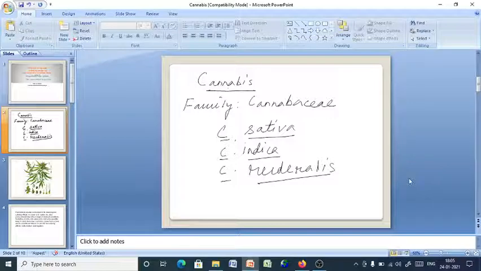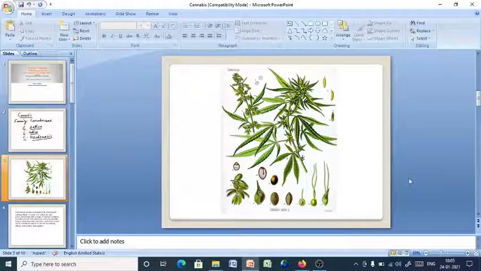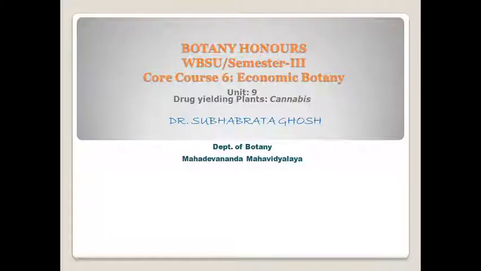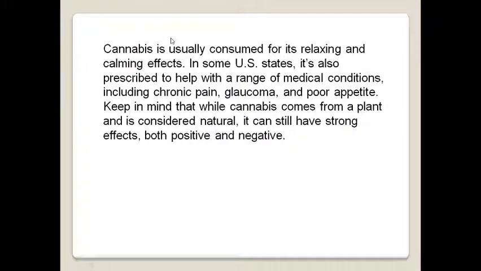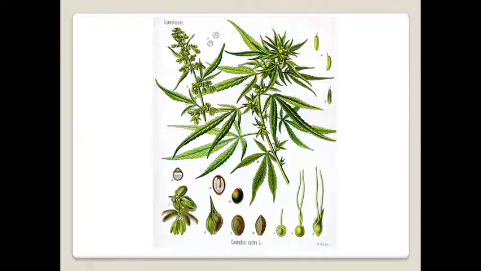And they are very important for their medicinal property. In this picture, this is the complete diagram of the plant cannabis. And in this whole picture, just I want to show you, these are the male plant, this one female plant, okay, and these are the various floral parts.